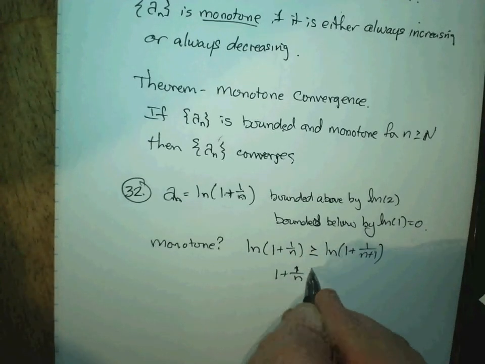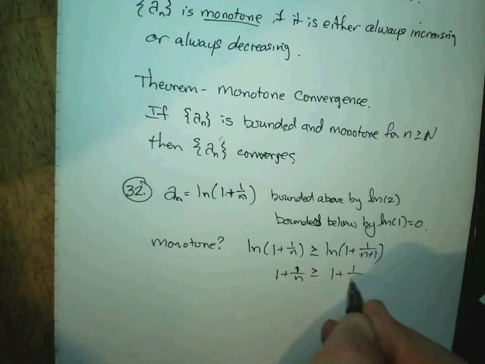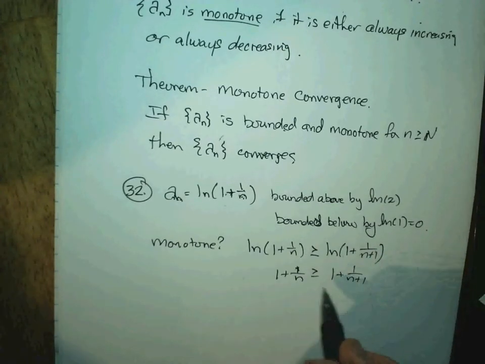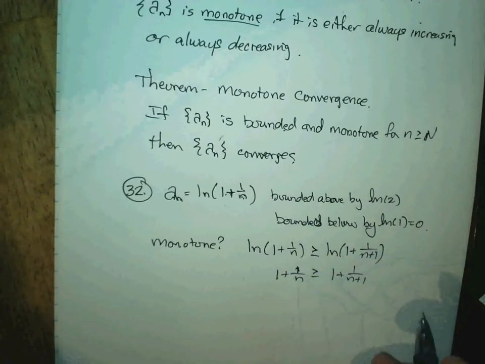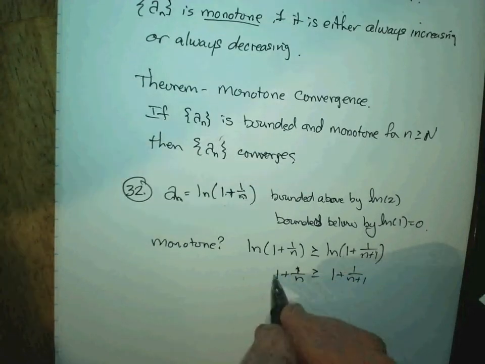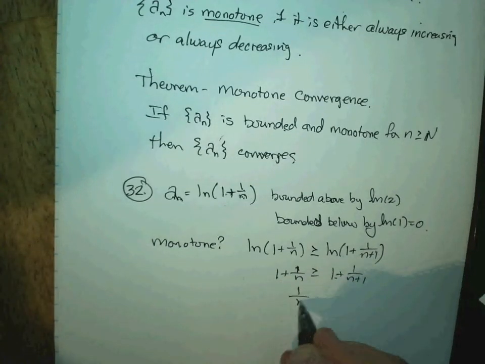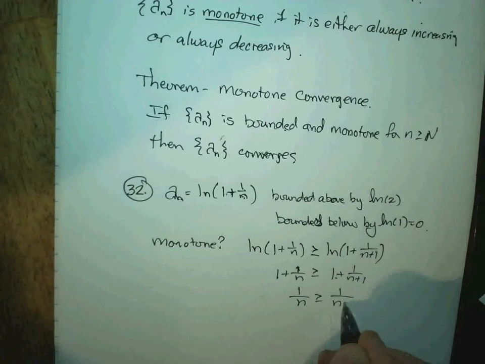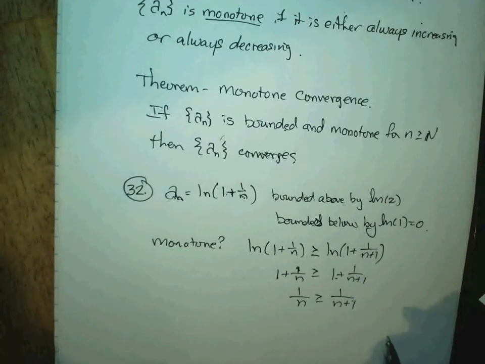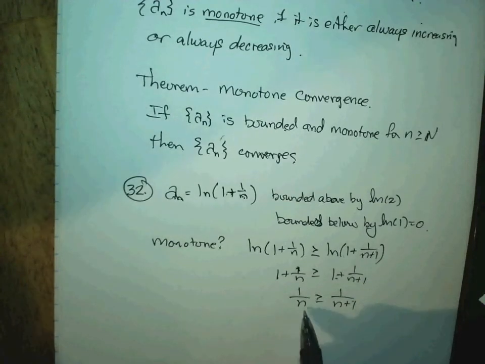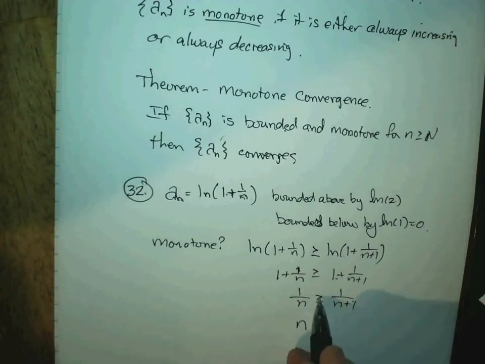Another way to say that would be to simply say, let's go ahead and exponentiate this to get rid of the natural log. And look at this. Is it true that this term is smaller than this term? Well, yeah. Subtract 1 from both sides to get rid of that. Is it true that this is the relation? Of course.